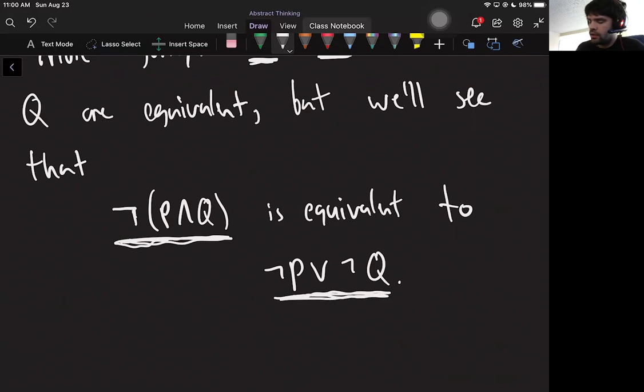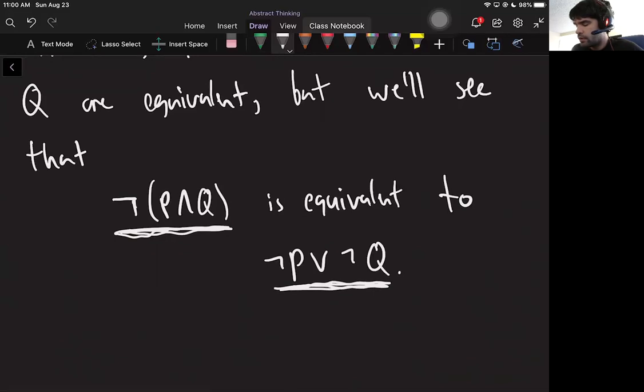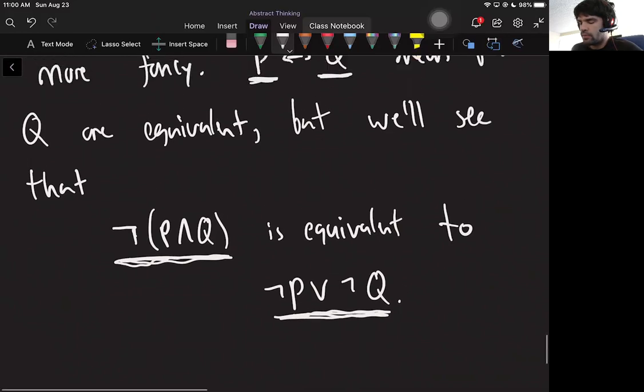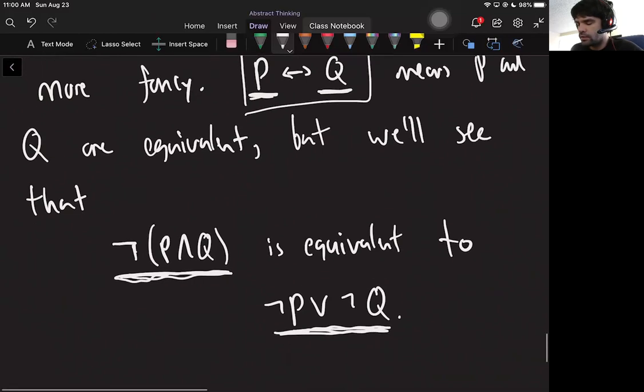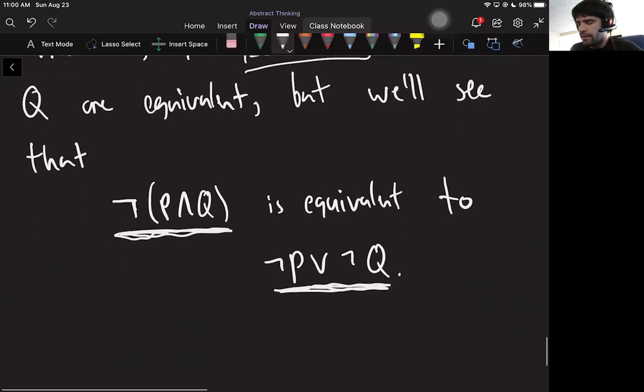So P and Q here could be whatever you want, and this equivalence will always be true. So it's an equivalence of 2 statements formed by using logical operators, versus here is just an equivalence of 2 statements that could seem related or unrelated. And that's going to be the difference.